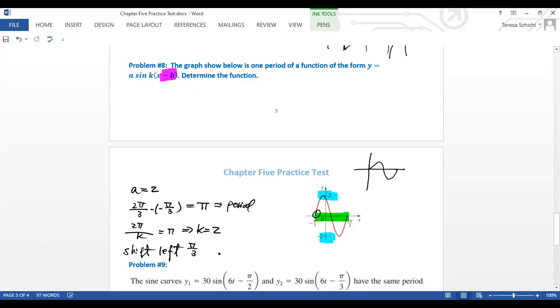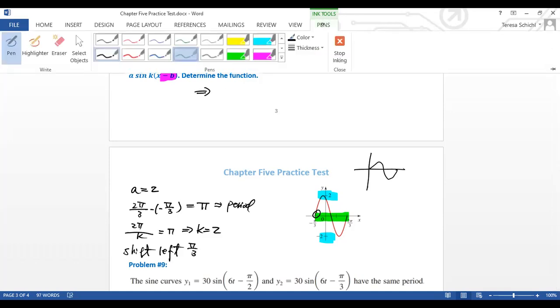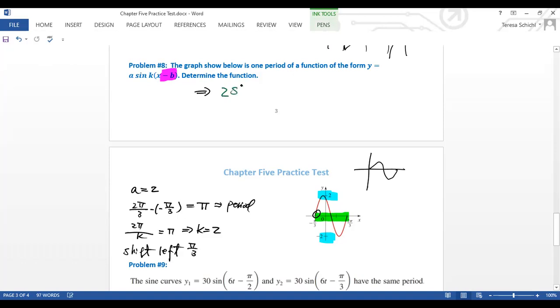So that means I can write the function. What will my final function look like? This will be 2 sine 2x. Be careful, I shift to the left. So what do I need to do? I need to add pi over 3, right? Because it's negative pi over 3.